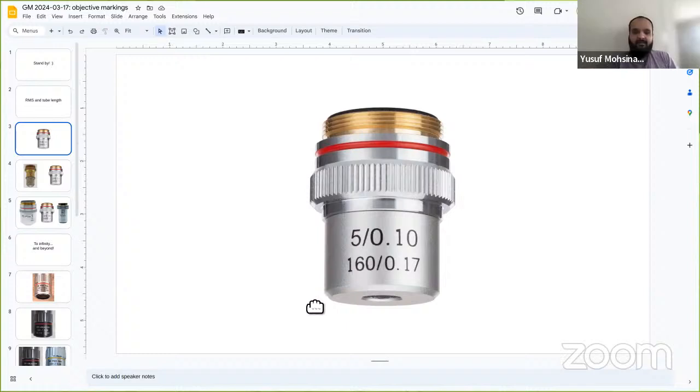So that 160 is the one we're going to focus on. And what that means is if you take this objective, 160 millimeters behind it is where the image will focus. So if you had, for example, your camera sensor, your eyeball, whatever it is that you want to use as your sensing element, you're going to get the best picture if it's 160 millimeters out. Does that make sense?